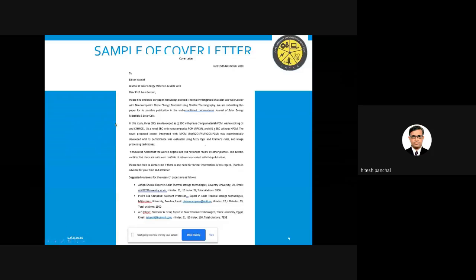Then you can see the second paragraph. It shows the novelty, or what new thing you have carried out in your research paper. After reading this, the editor-in-chief will understand that the paper has some novelty, so we should go for review.